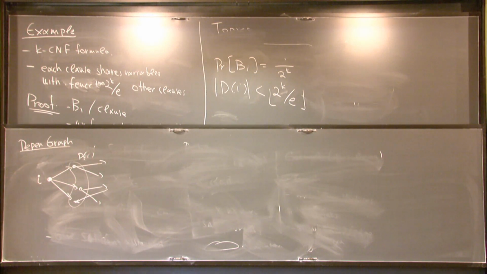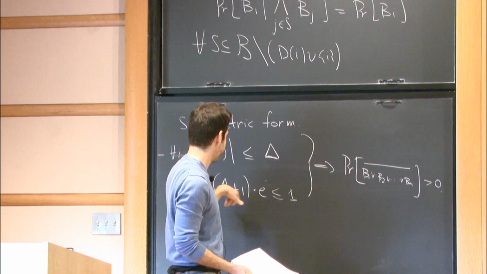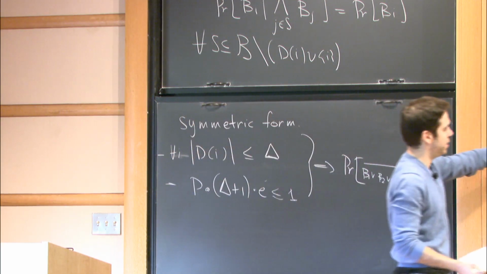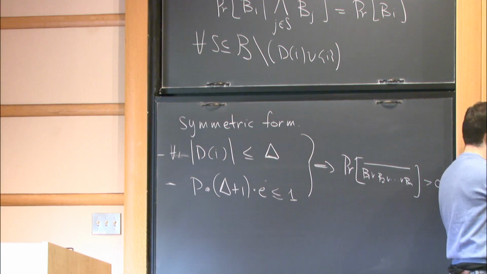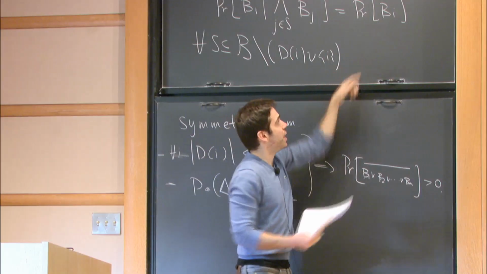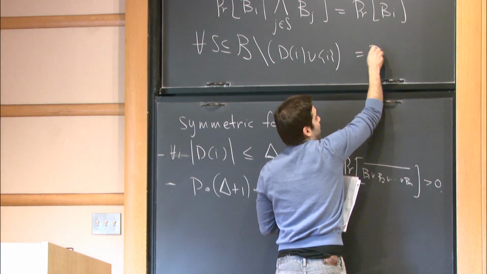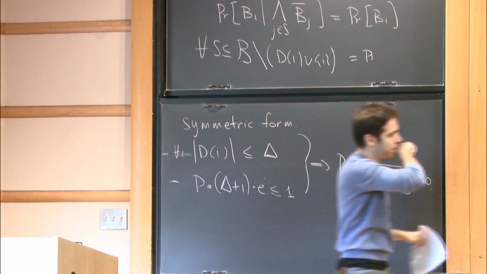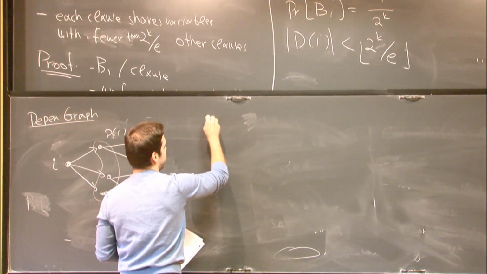The more involved versions have to do with what if each bad event had a non-uniform probability. What if we actually want to use the fact that for each bad event we know a bound on its probability, and not a uniform bound? So for example, here's another version.